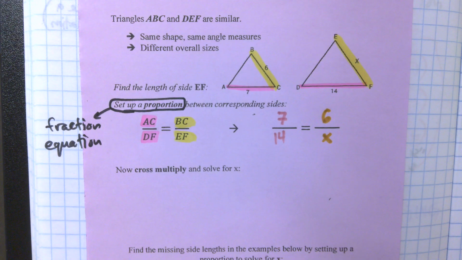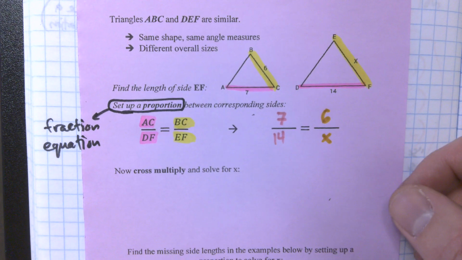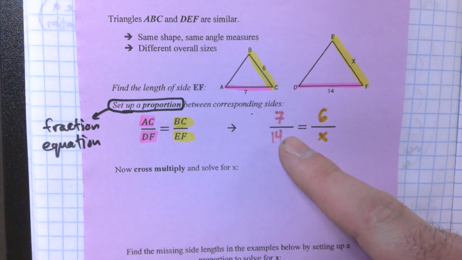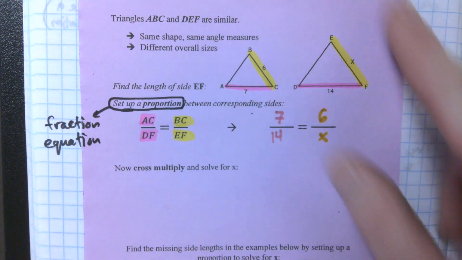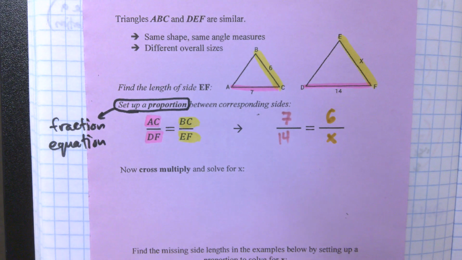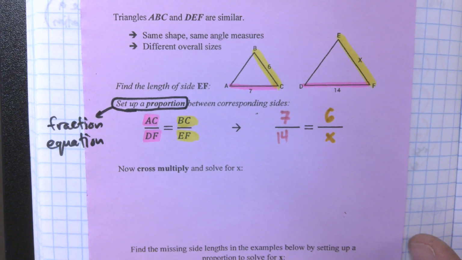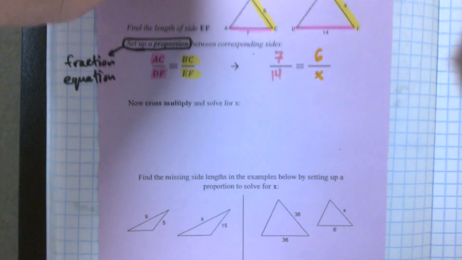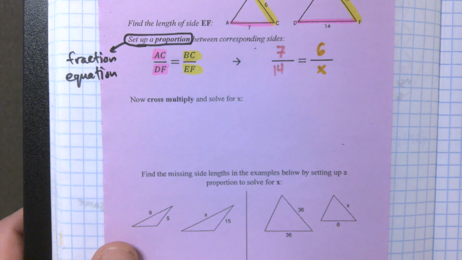There's a bunch of different ways to mess up this proportion writing process, so hopefully this color coordination helps as you're working through our worksheet today. All right? Do you guys remember how to cross multiply? Okay.